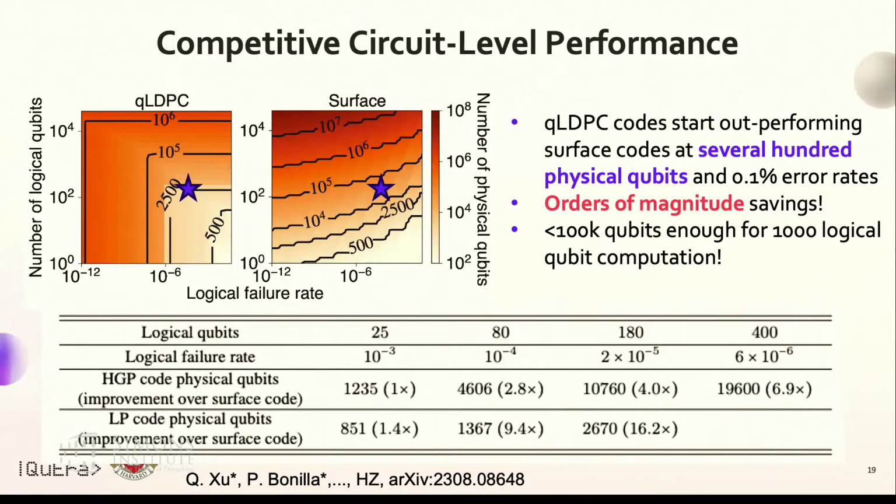Yes? In these numerics, did you account for the fact that every time you transfer atoms to AODs, you get about 0.1% loss or something? In this one, we didn't. I would also say that this 0.1% is a current number, and definitely can be improved in the future. And what changes would you do to improve it, and how low can you get it? And what are the costs associated with reducing it further?